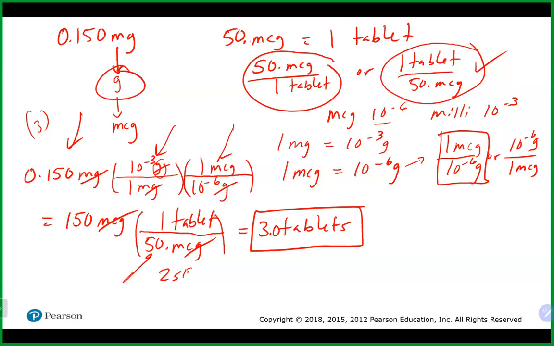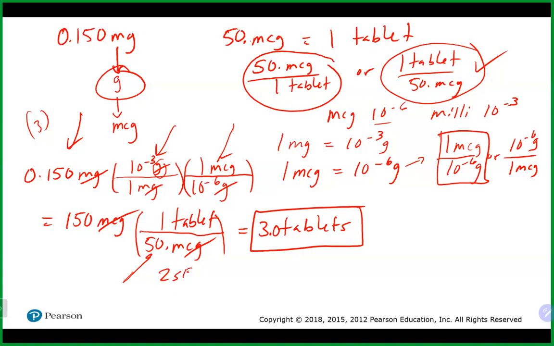So will we be marked wrong with 3 tablets? Significant figure wise, it really should be 3.0 tablets. I don't know if I would mark you wrong, but since we are talking about sig figs, technically speaking, that's why they really put the decimal there, probably on the 50 as well. Any questions on that?